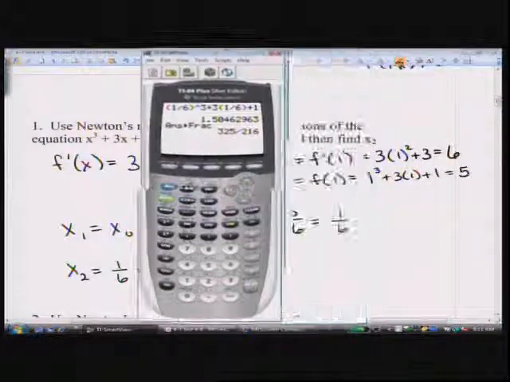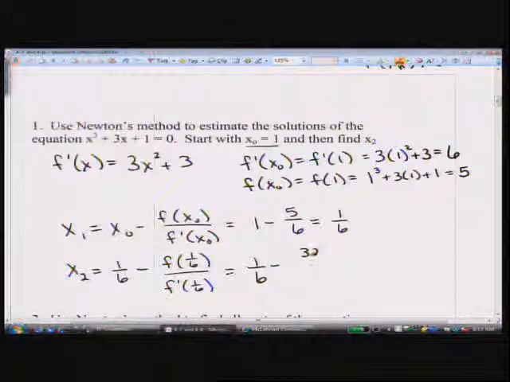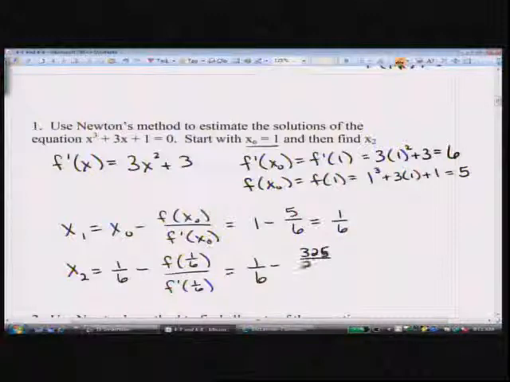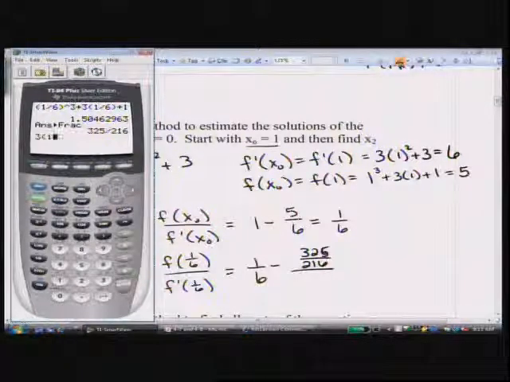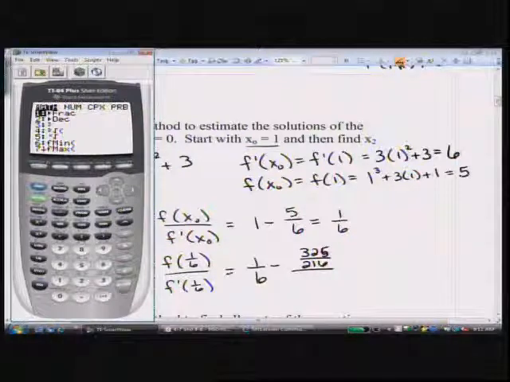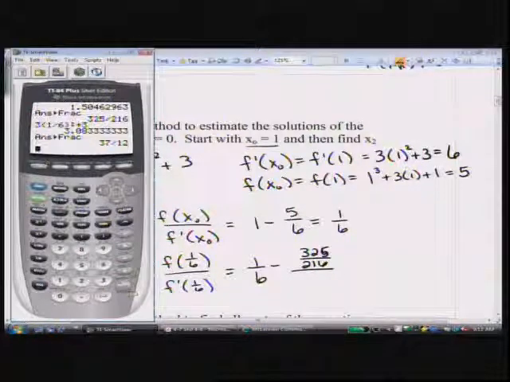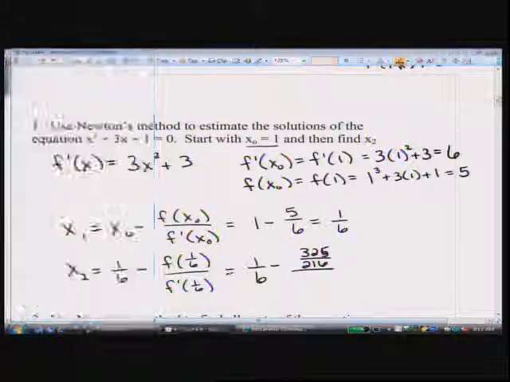So 325 over 216, and then we'll put 1/6 into the derivative, which will be 3 times 1/6 squared plus 3. We can math frac that. 37 over 12.